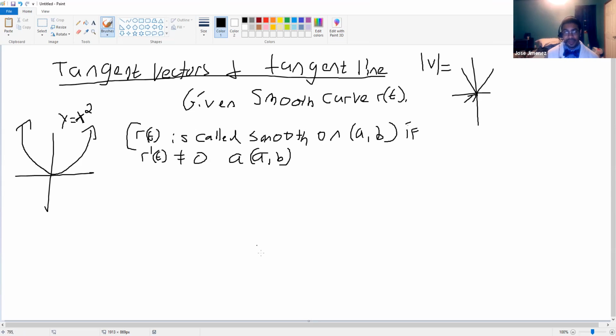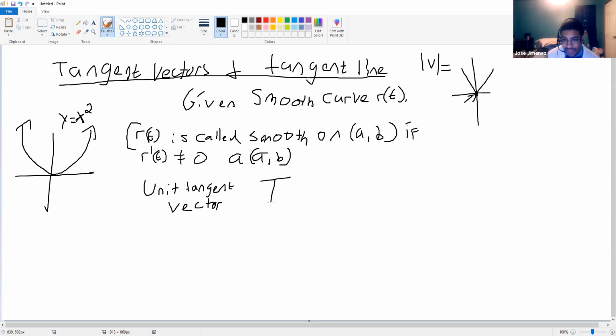All right. So what we're also going to be concerned with is this idea of a unit tangent vector. A unit tangent vector is exactly how it sounds. It's basically just a vector of unit length.